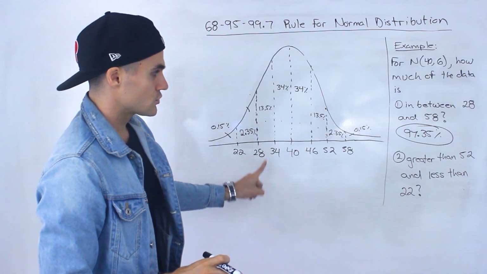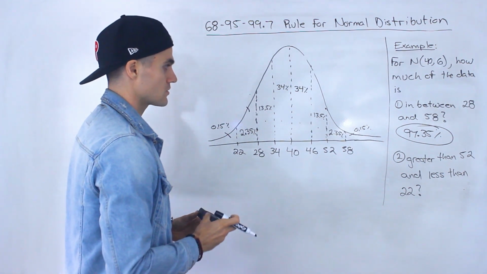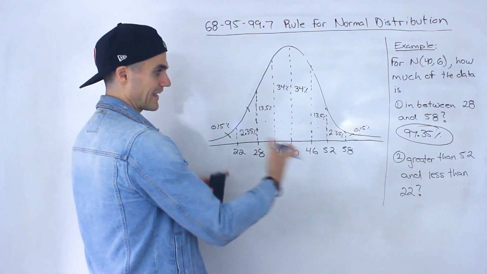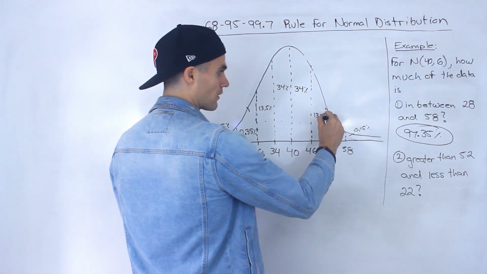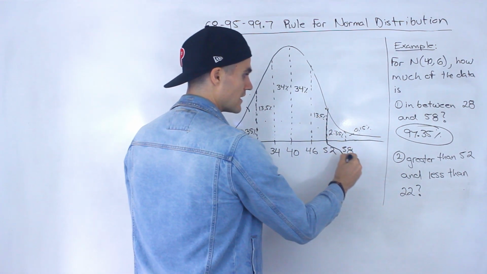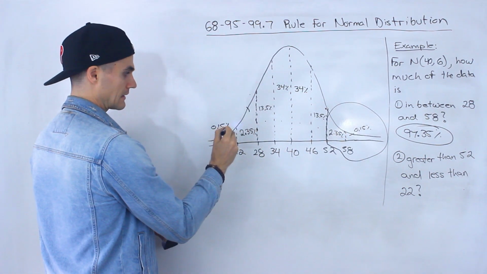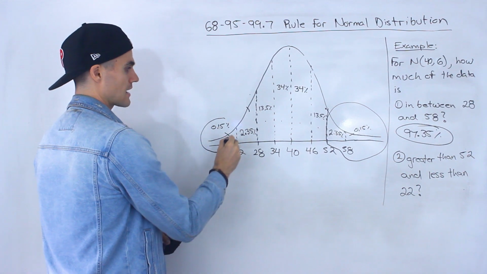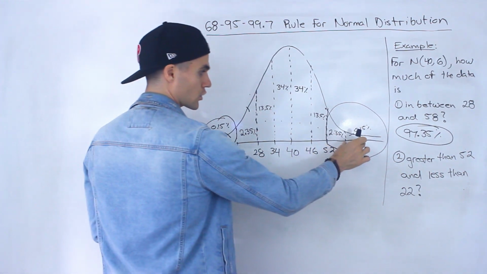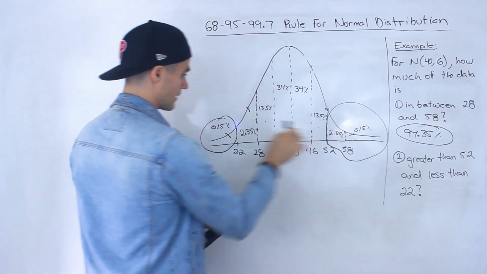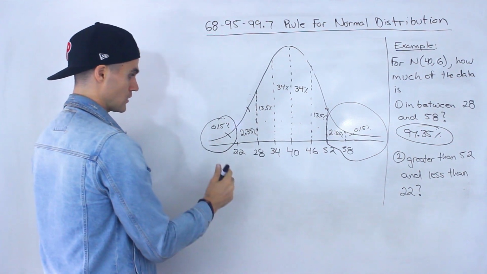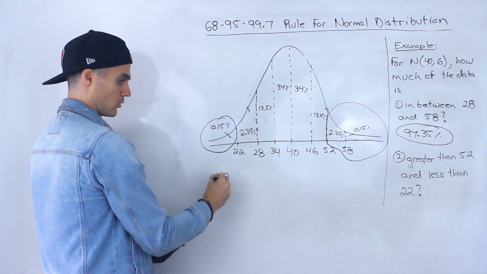Greater than 52 and less than 22. So now this is not really an interval. It's kind of two separate areas. They're asking for this area and then less than 22 plus this area. Greater than 52 and less than 22. So we know less than 22 is 0.15%.